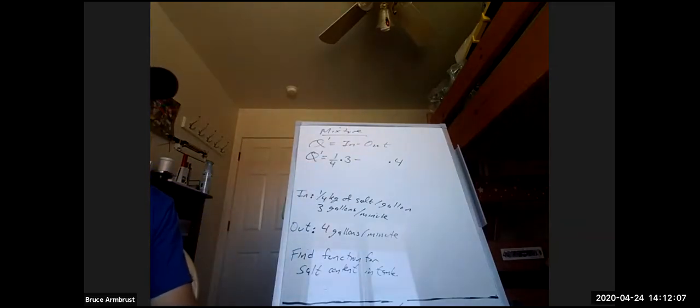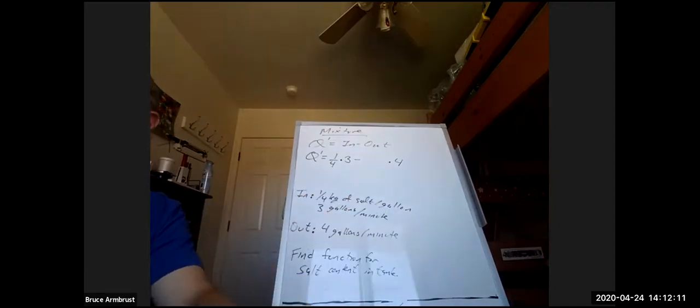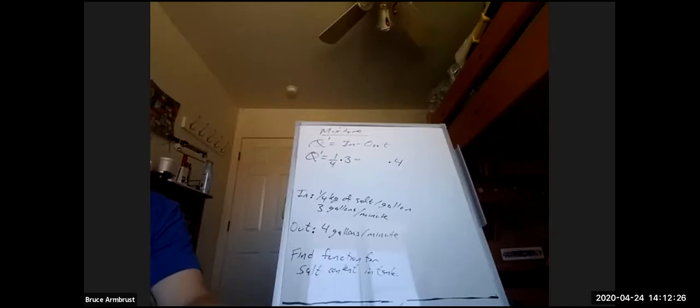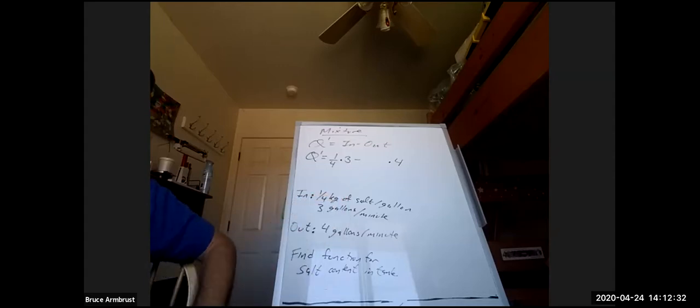Do you remember how we figured out what we multiplied to that rate? Or can you look back in your notes and see? It's the content of salt divided by the volume. Yeah, so it was how much salt divided by volume. It's the same kind of thing. It's a mass per gallon.